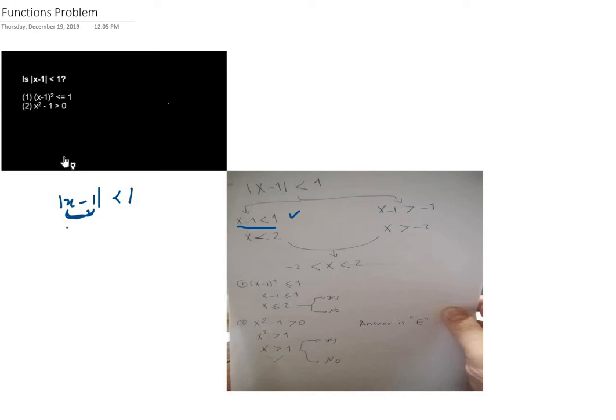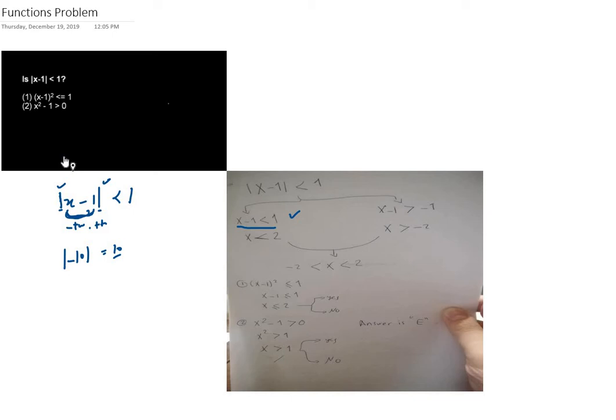Whether it's negative or positive, these two symbols indicate the mod, so it will get converted to positive. Even if, let's say, x minus 10 is minus 10, the modular of minus 10 will be 10. So that's the basic idea of the mod function.